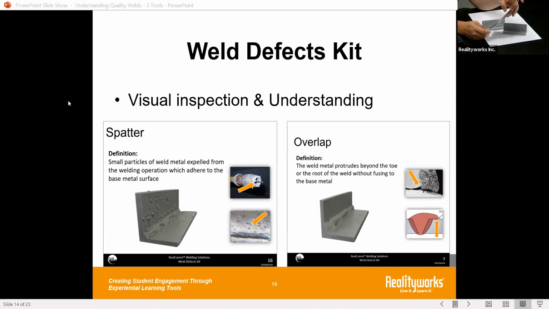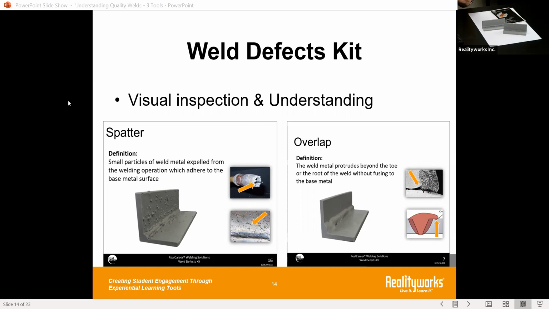In this case, it talks about the causes and then the correction of the defect. Is it your machine or is it your technique? Allowing students to look at these and use these flashcards to understand what the problem is, the definition, and then how do I correct it? What do I need to do?